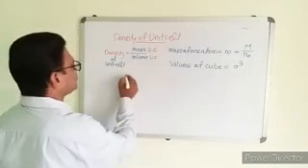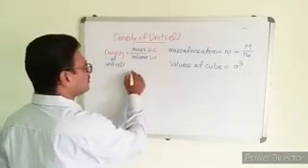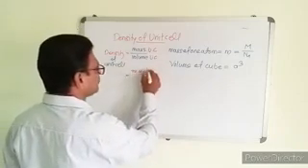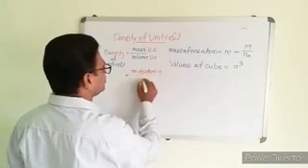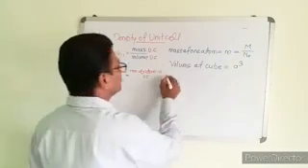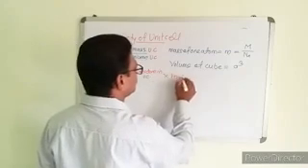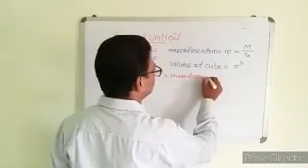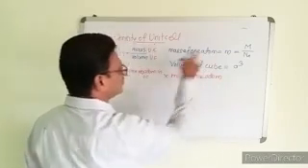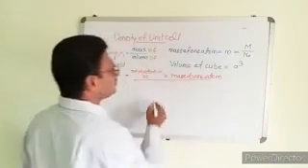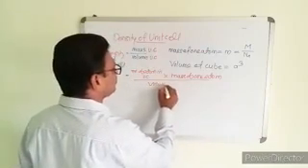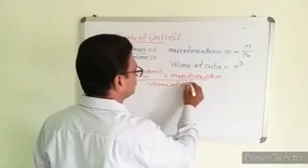So the mass of unit cell is equal to the number of atoms in unit cell multiplied by the mass of one atom, upon volume of unit cell.